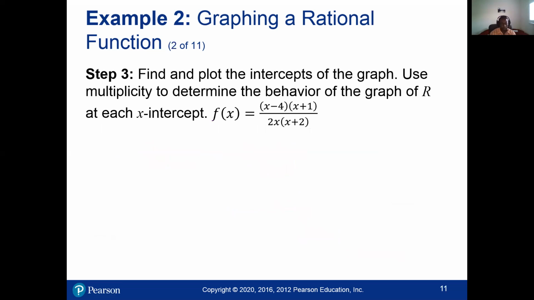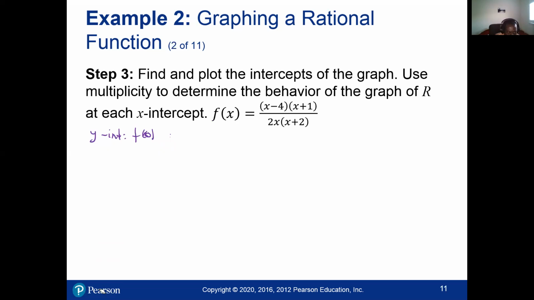So now find and plot the intercepts of the graph. Use multiplicity to determine the behavior of the graph of the rational function at each x-intercept. So what we have here is that let's find the y-intercept first. Y-intercept. We set x equal to 0. Sorry, I quickly wrote that down.